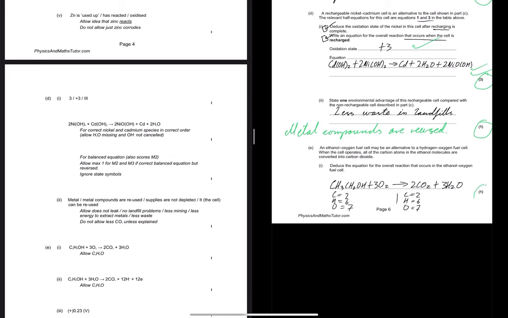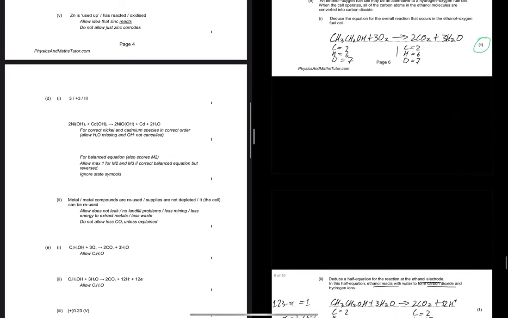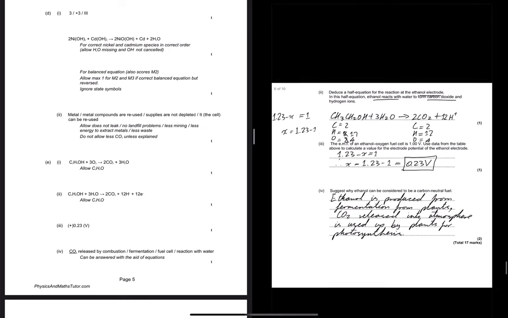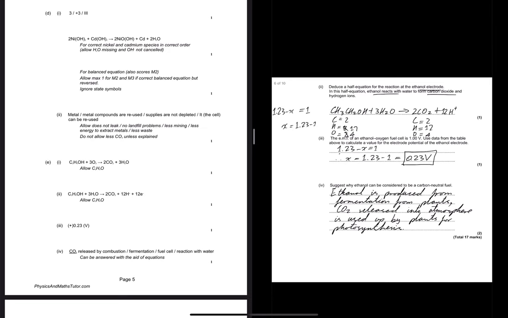That's just correct. I forgot that this is a half equation. That's why I was like, oh, something's wrong here. I was spending a lot of time on this question because this is not a mark here. I was like, this is a half equation. Why have I not got electrons?